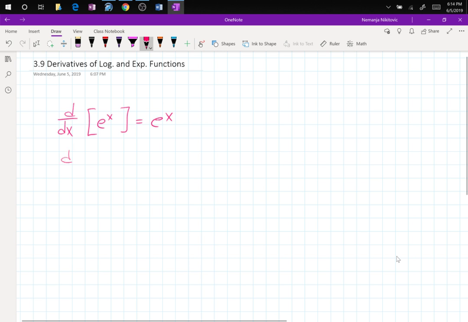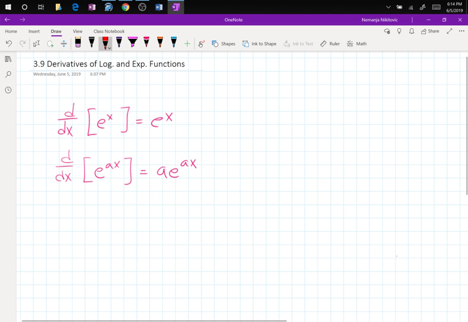And then we also said that the derivative of e to the ax, which you can use the chain rule for, is ae to the ax. So those are the ones that we already covered, and you are supposed to know these. So derivative of e to the 3x is 3e to the 3x.